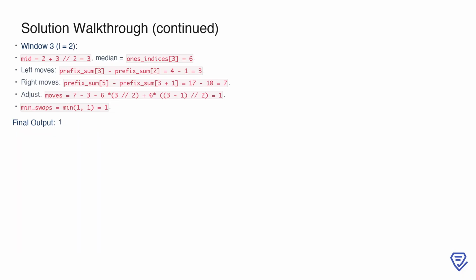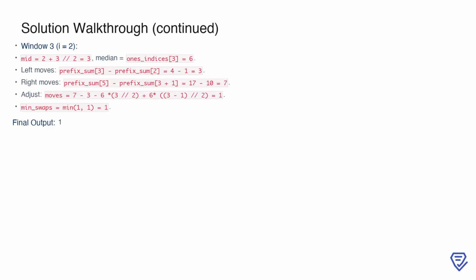For the third window, starting at i equals 2, the median position is mid equals (2 + 3) / 2, which is equal to 3, which corresponds to ones_indices[3] equals 6. The left moves are calculated as prefix_sum[3] - prefix_sum[2] equals 4 - 1, which is equal to 3, and the right moves are prefix_sum[5] - prefix_sum[3 + 1] equals 17 - 10, which is equal to 7.